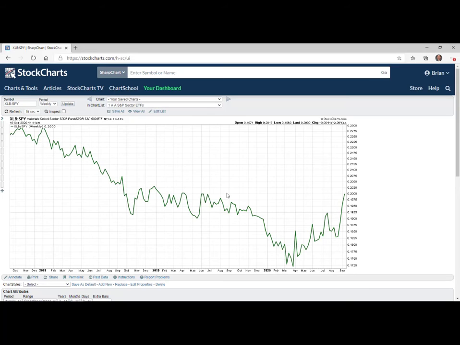It is just part of the process I go through in trying to decide whether or not other factors that I'm seeing, like the relative rotation graph, are playing out with a ratio analysis, for example, and what that looks like in terms of when we really started to see a price performance start to accelerate, and that is just recently here.